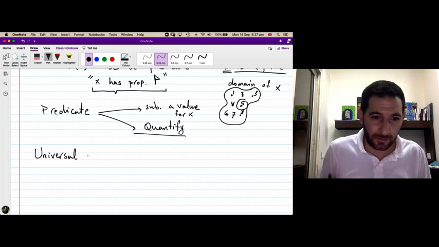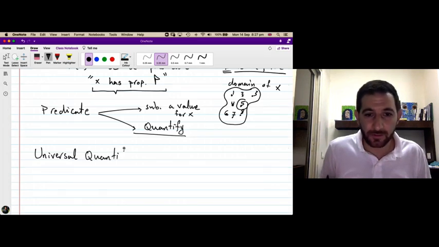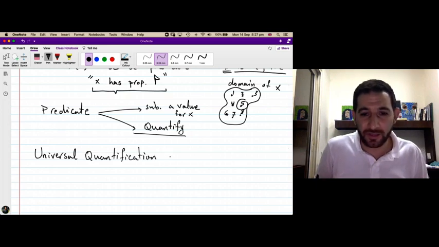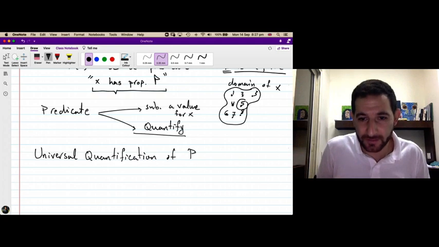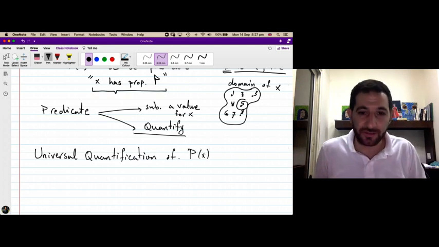Universal quantification of the predicate P of X. So what is the universal quantification?